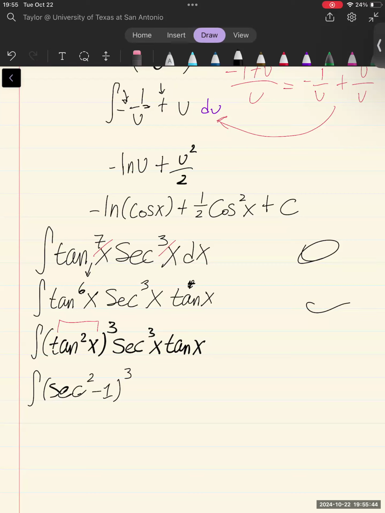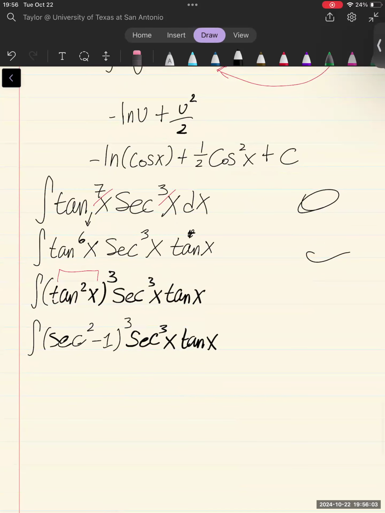Minus 1. Nice. Okay, cool. Sorry, guys. Secant cubed x tan x. Okay. So what's the next step here? You said? Nice. So thank you, Gabriella.